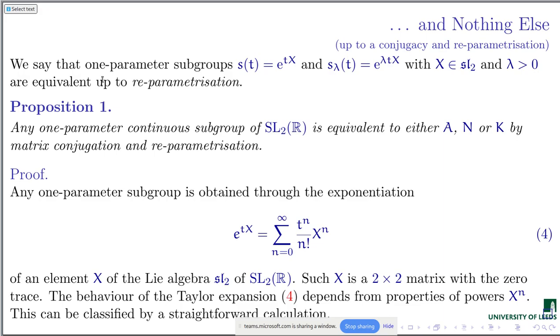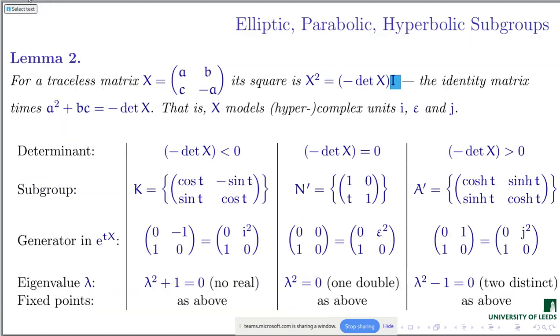All even powers are the identity, and the odd powers are just the matrix X itself. So it's important to see what type of series we have, and it is known that if we sum up even and odd series of this type, we get either the usual elliptic sine and cosine, or hyperbolic sine and cosine if there is no alternation of signs, if the determinant is positive.